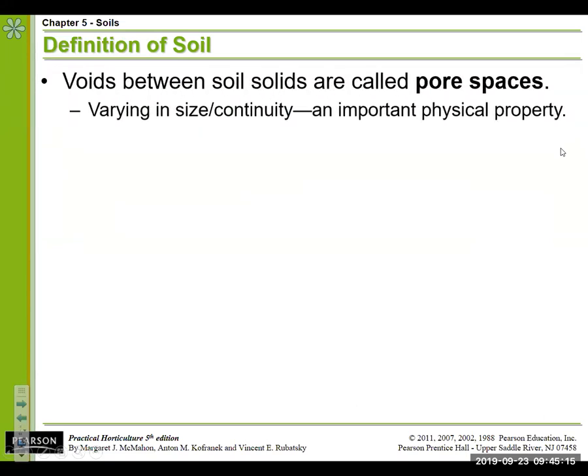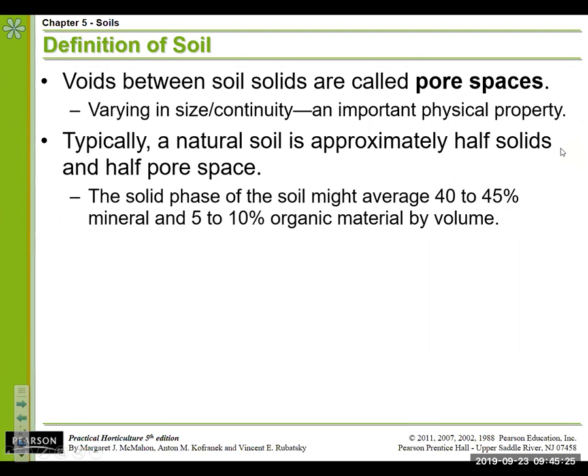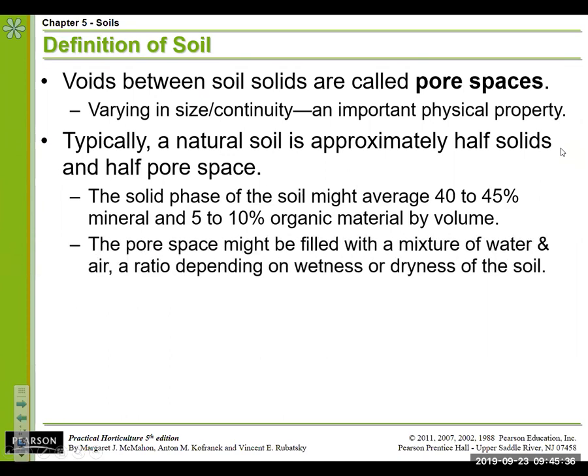So between the soil solids, we have pore spaces, and they, of course, vary in size. And a natural soil we think of as being half solids, half pore space. As I mentioned just a minute ago, that solid phase might be 40 or 45% mineral, only 10% tops of organic material.